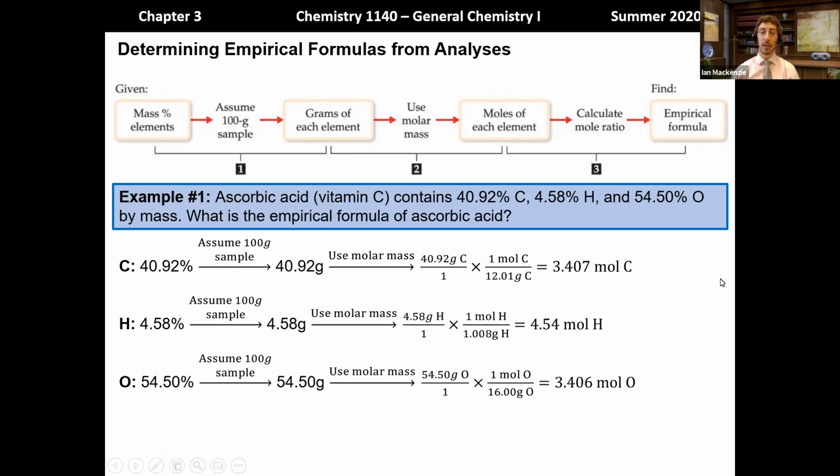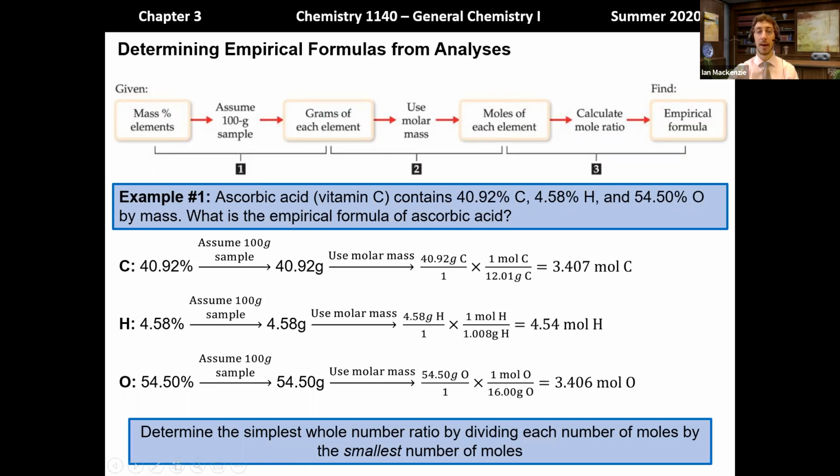Now to find the molar ratio, I look at these and I determine which of these is the smallest, and I will divide all 3 molar amounts by the smallest number of moles. So here, I determine the simplest whole number ratio by dividing each number of moles by the smallest number of moles. In this case, oxygen is my smallest number of moles.